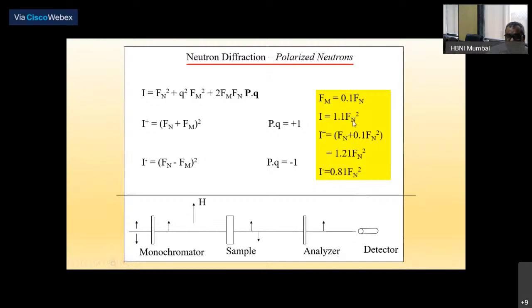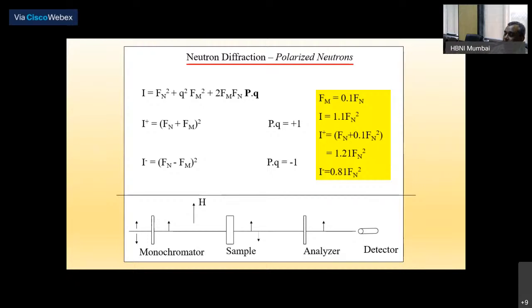This is when I do polarized neutron scattering, that means the neutron coming with up spin and the sample is polarized in the same direction. How to do all these things I will tell you later when I explain the experimental part. But I can make a neutron beam of polarized spin plus or minus. That means I have plus coming or minus coming. How? I will tell you later.